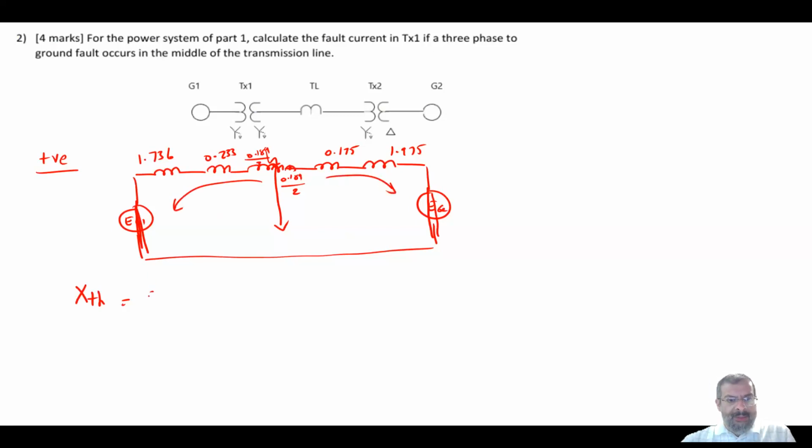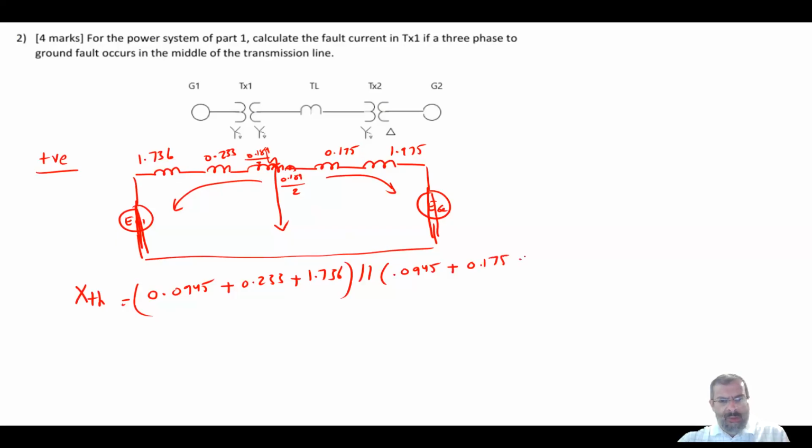So it is 0.0945, which is 0.189 over 2, plus 0.233 plus 1.736, all in series, in parallel with 0.0945 plus 0.175 plus 1.975.